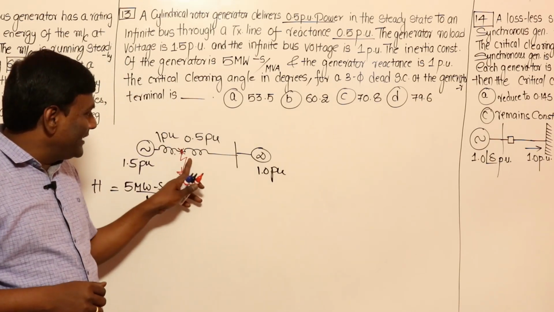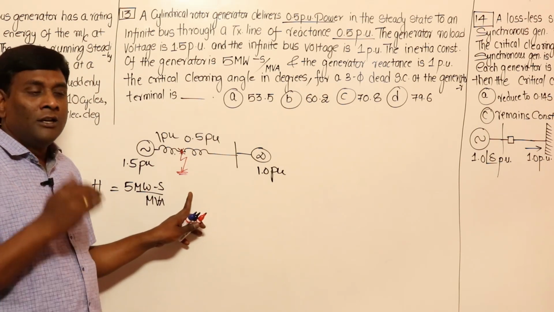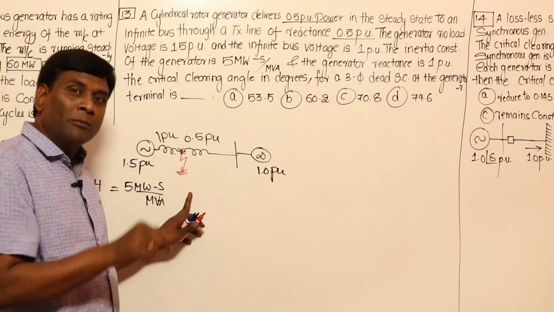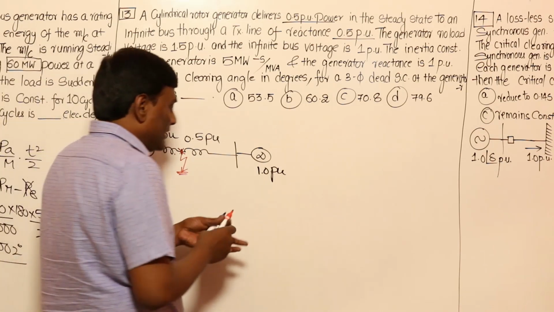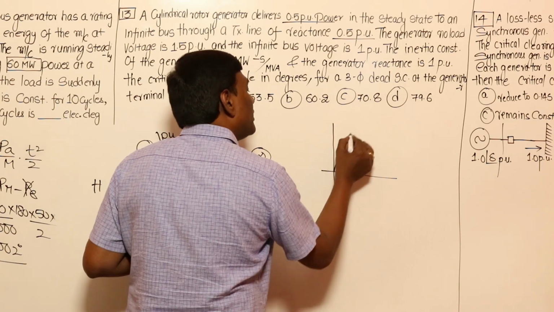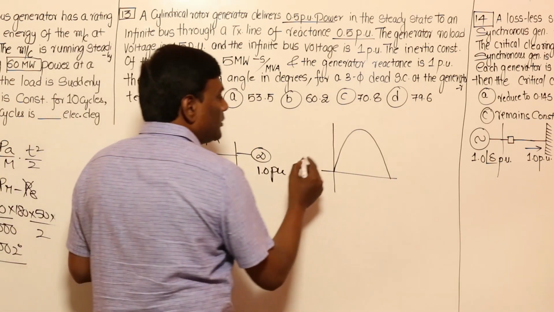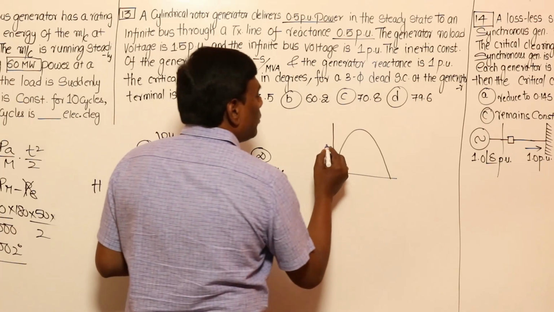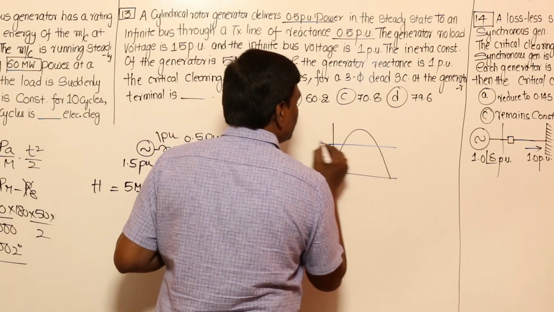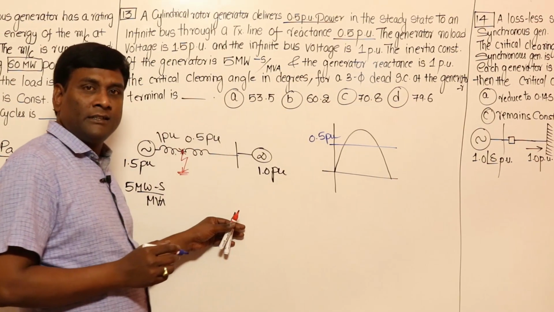So if it is a single circuit line, the moment a short circuit occurs, the total electrical power is going to come down to 0. For example, prior to the fault it is operating at 0.5 per unit under steady state conditions.